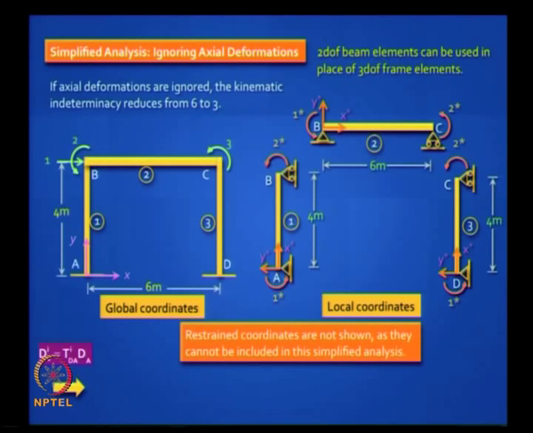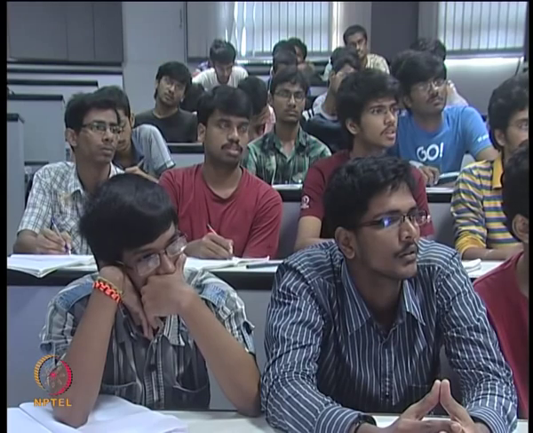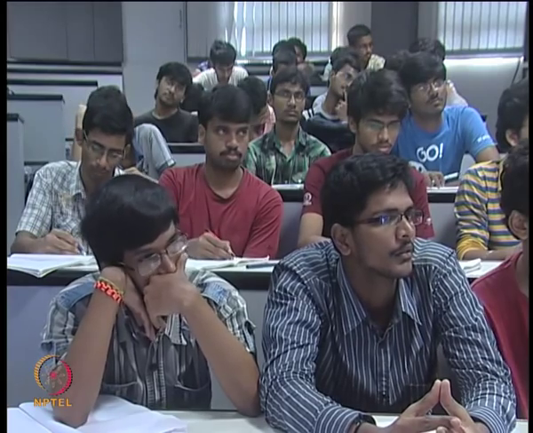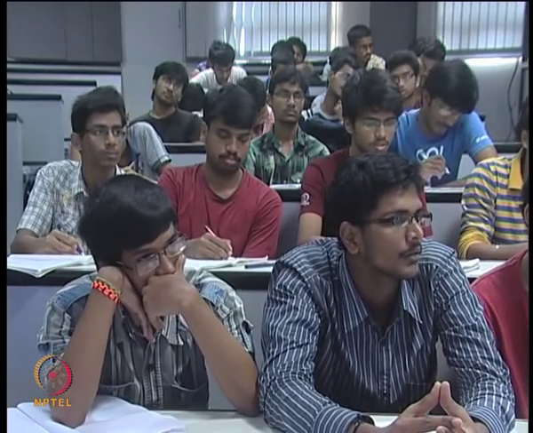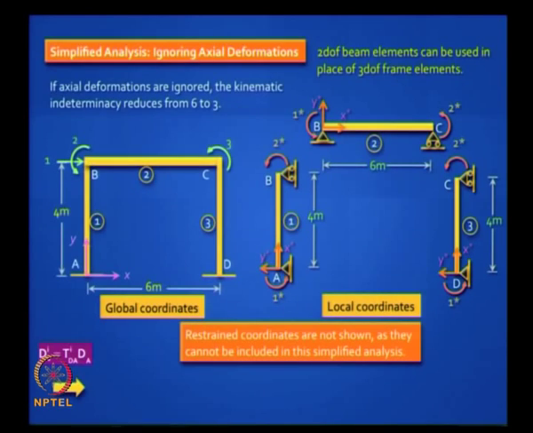What is the size of each of them? 2 by 3. 2 by 3, right? 2 by 3. So write them down. This you should do. No excuse, this is simple. Write down the 2 by 3 TDA matrices for the 3 elements.